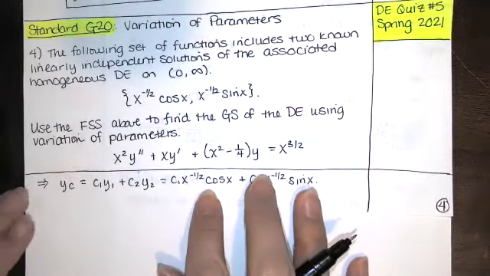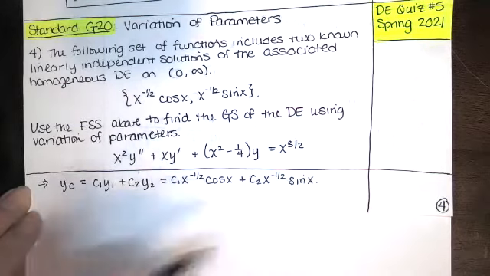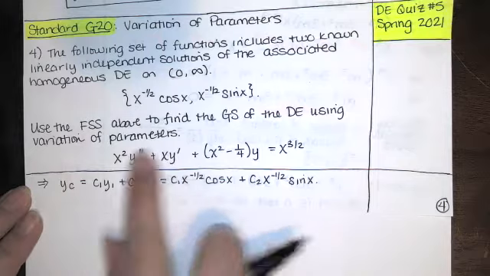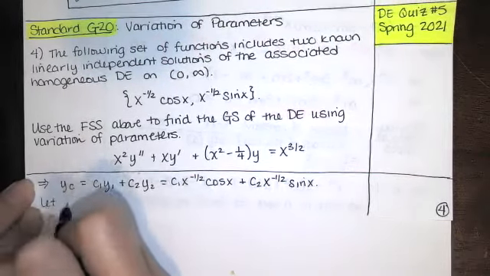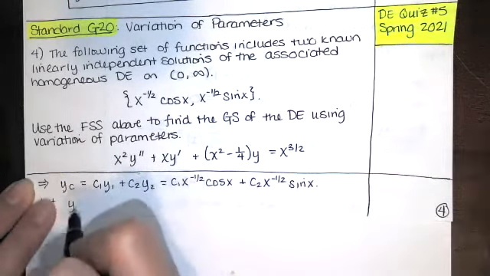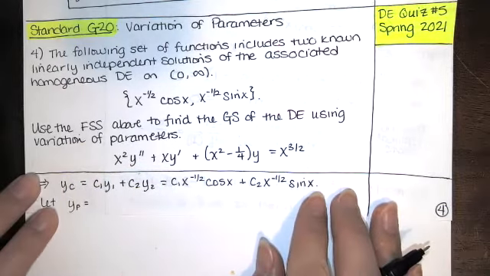And now, rather than solving the homogeneous problem, we're going to use these two functions to solve the corresponding non-homogeneous problem right here using variation of parameters. So I've got a differential equation. It does not have constant coefficients. So when I find y sub p, I need to use variation of parameters.